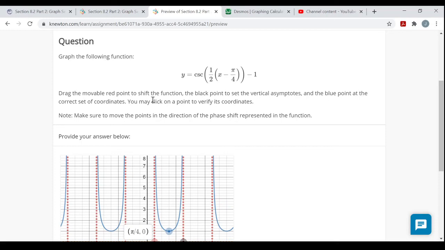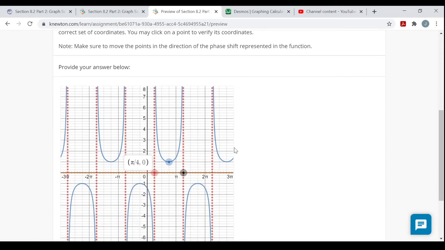So the shift's pi over 4, and I move the red point to an x-coordinate of pi over 4. Then the period would be 2 pi divided by half, which is 4 pi. So I'm going to make sure that a whole cycle has a length of 4 pi.